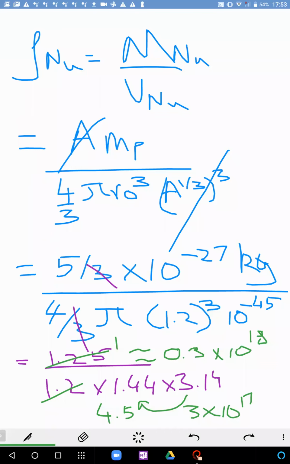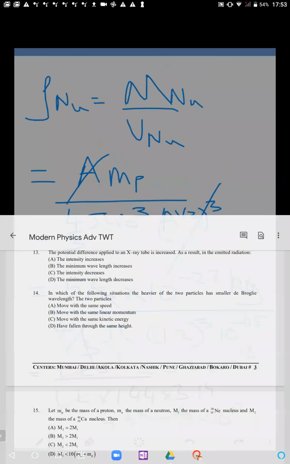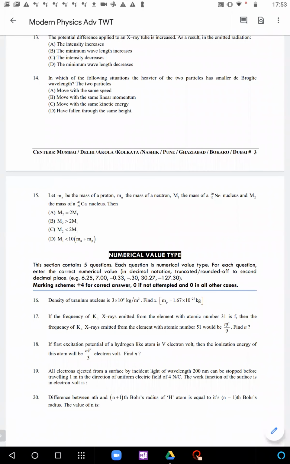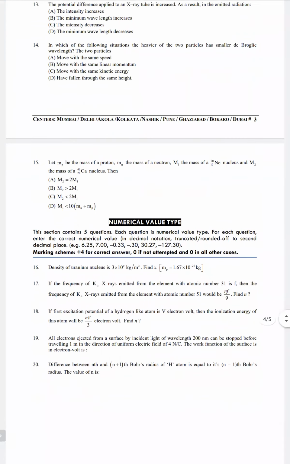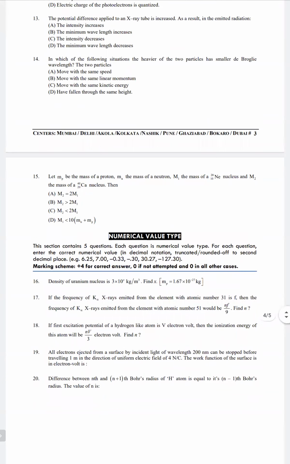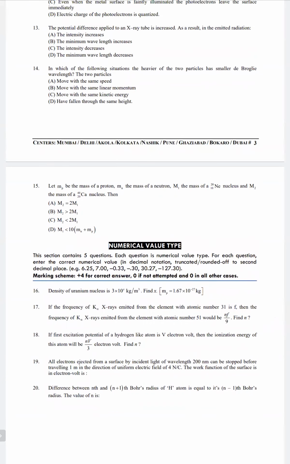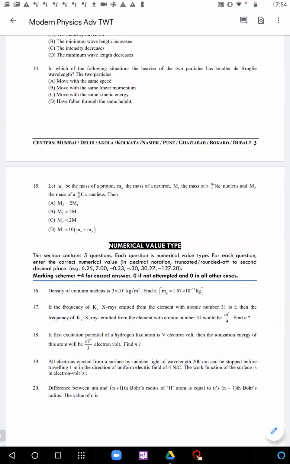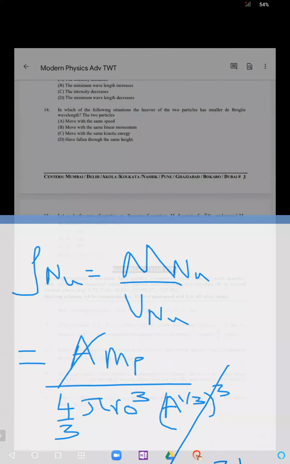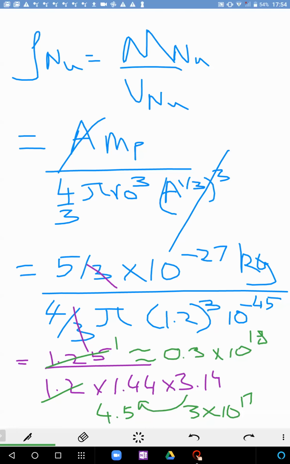Okay, anything else? Maybe I'll add that value to the notes just for us to reference.